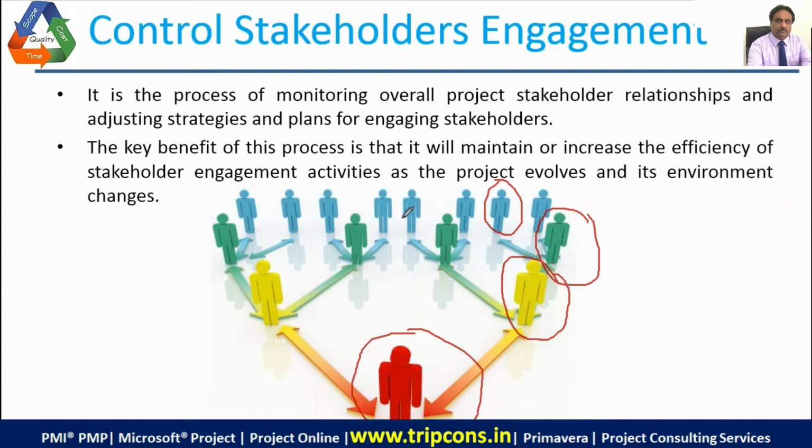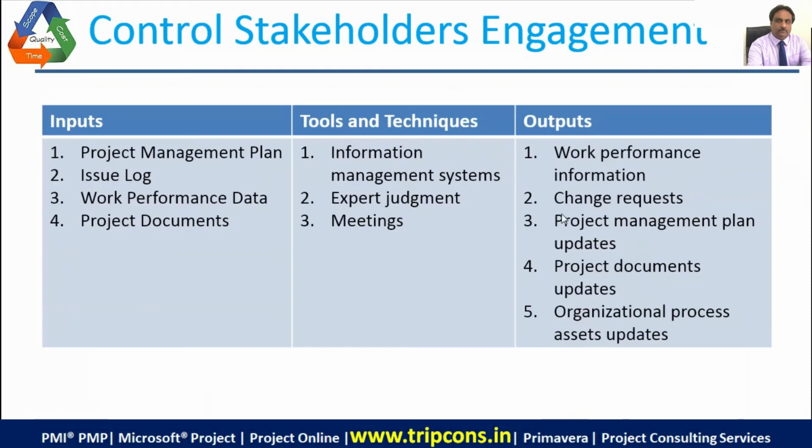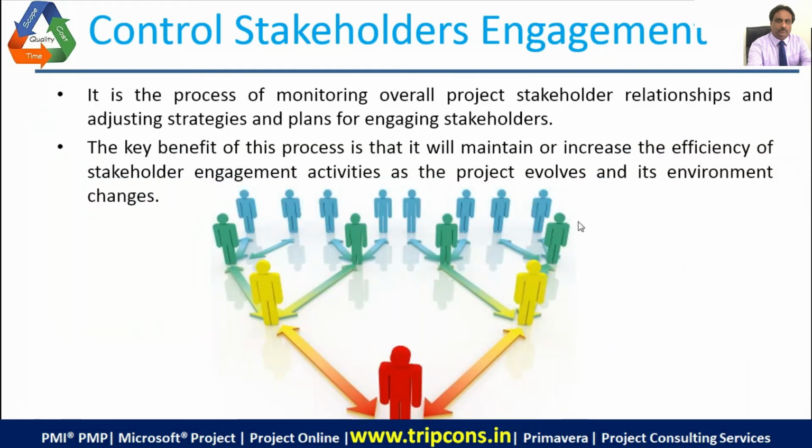That's how we control stakeholder engagement. That's going to increase the efficiency of the project. That is the key benefit, that it maintains or increases the efficiency of the stakeholder engagement activity as the project evolves and its environment changes.